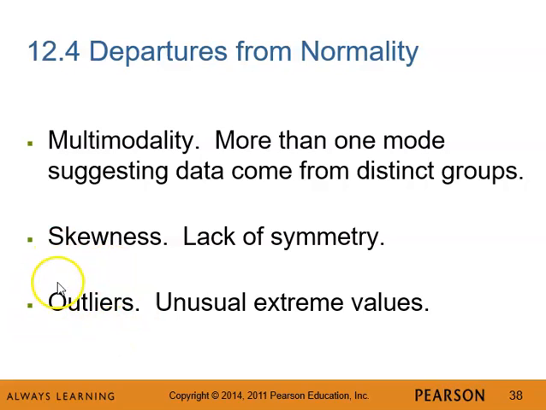What are outliers? Any unusual extreme values to the right or left of your data are considered outliers. Normally we use 3 times standard deviation: if you have a value higher than or lower than 3 times standard deviation to the right or left of the average, that's where we can say there's an outlier.